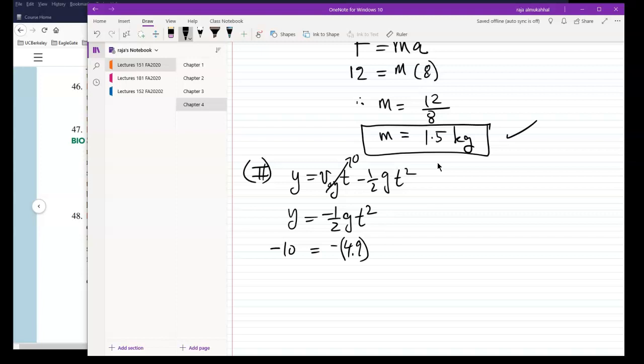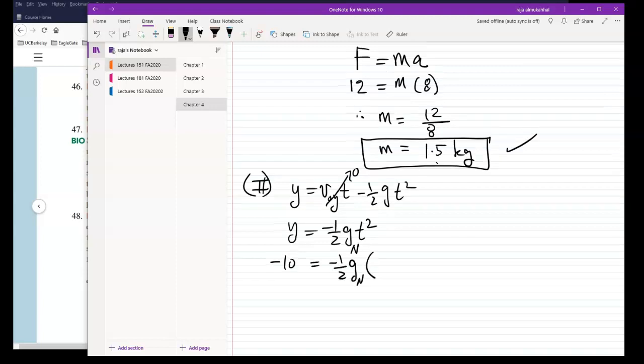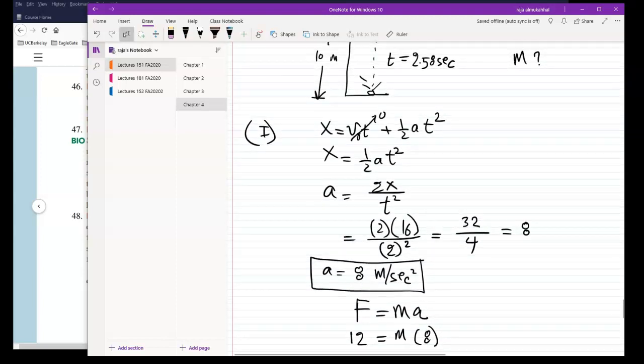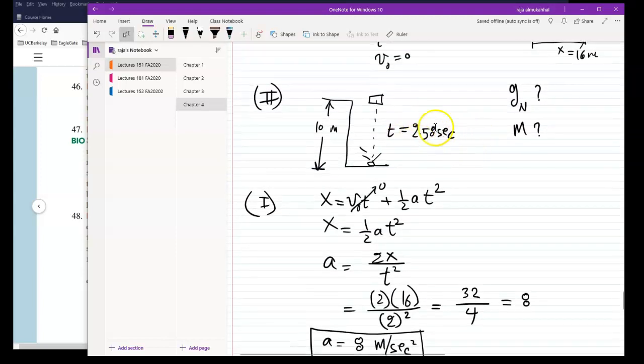Oh, sorry, hold on, I'm doing something really bad here. Remember, this g is on Newtonia, which I don't know anything about. So that's minus 10 equals minus 1/2 g on Newtonia times the time squared. He gives me the time, 2.58 right there.